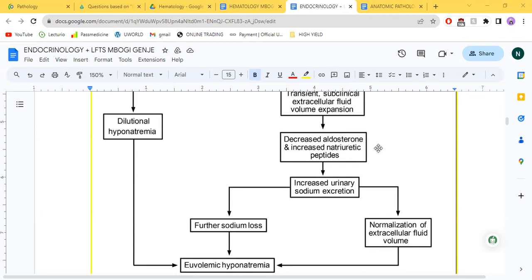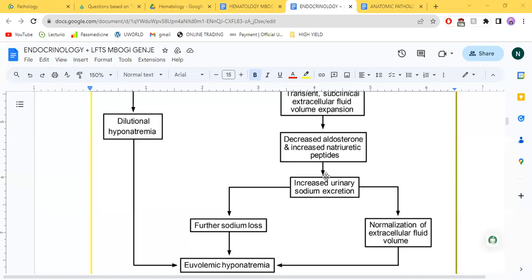This is activation of the RAS system. You can imagine we have a lot of water, and we know aldosterone increases pressure, isn't it? But now it's like a feedback mechanism. The natriuretic peptides have caused vasodilation, leading to low volume, and the kidney will decrease aldosterone production to decrease the pressure.